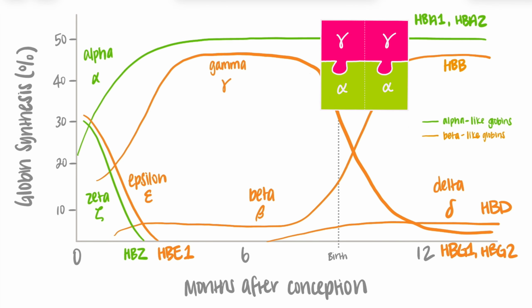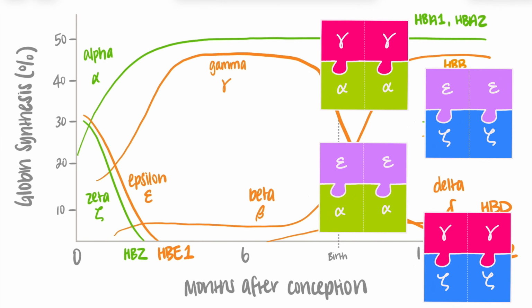Both fetal hemoglobin and the various forms of embryonic hemoglobin actually have a really high affinity for oxygen, meaning they can hold on to oxygen very well. The greater ability of these types of hemoglobin to bind to oxygen helps in oxygen transfer from the adult hemoglobin in the maternal bloodstream to the fetal hemoglobin in the fetal bloodstream.